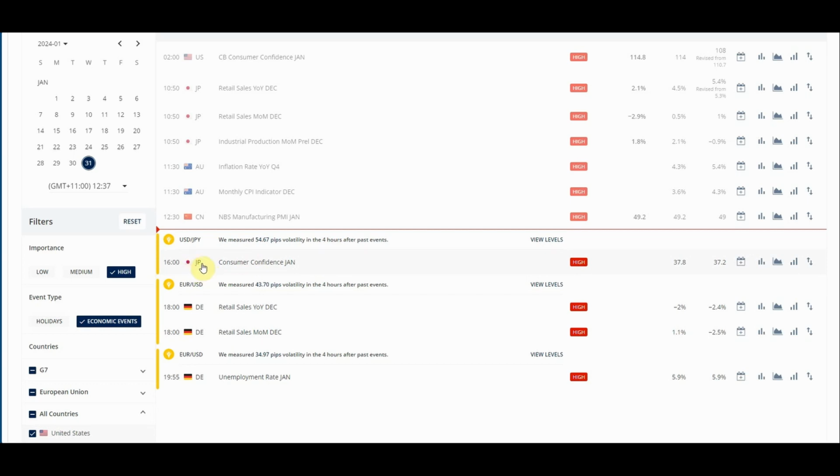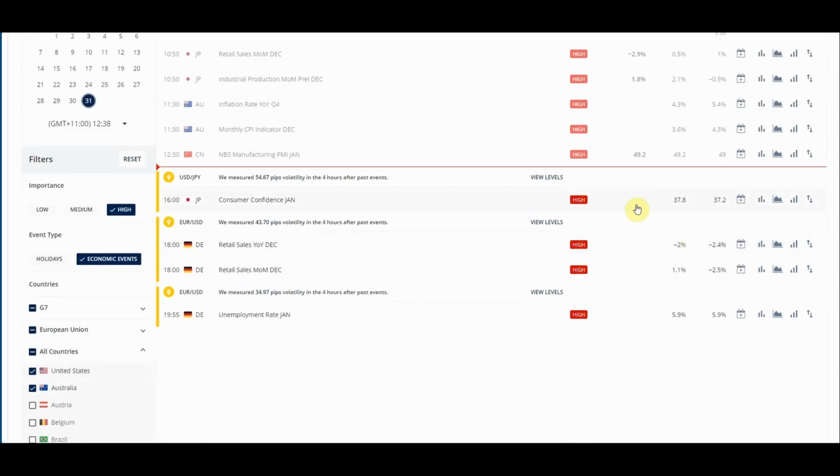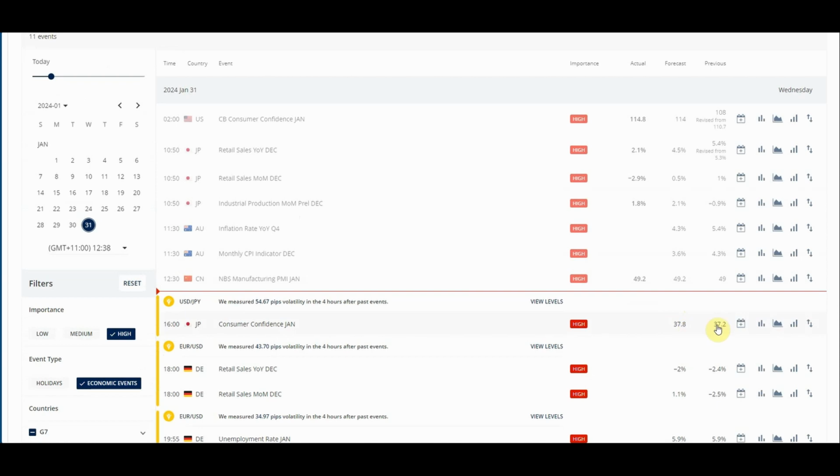We've got a JP, Japanese flag here, at 1600 or 4 o'clock, consumer confidence of January. Now this is listed as a high impact example, and we've got the actual, forecast and previous. As you can see, there's no actual, but there is a forecast and a previous, and it's showing that it's fairly close to the previous in terms of the forecast.